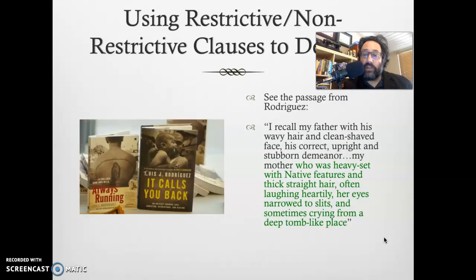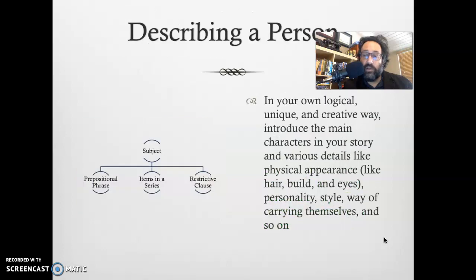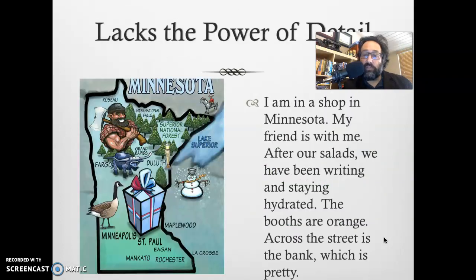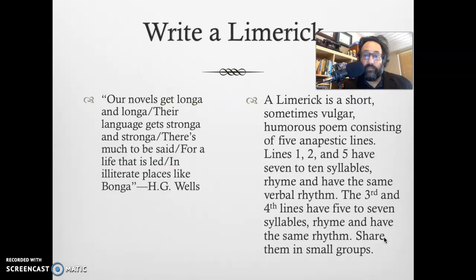I have another exercise here that I put together, but it's a little grammar heavy, so you have to learn restrictive clauses before that really makes a lot of sense. To write a limerick is the extra credit here. For essay 1, it is simply to write a poem. A limerick is a short, funny poem about the topic of essay 1.